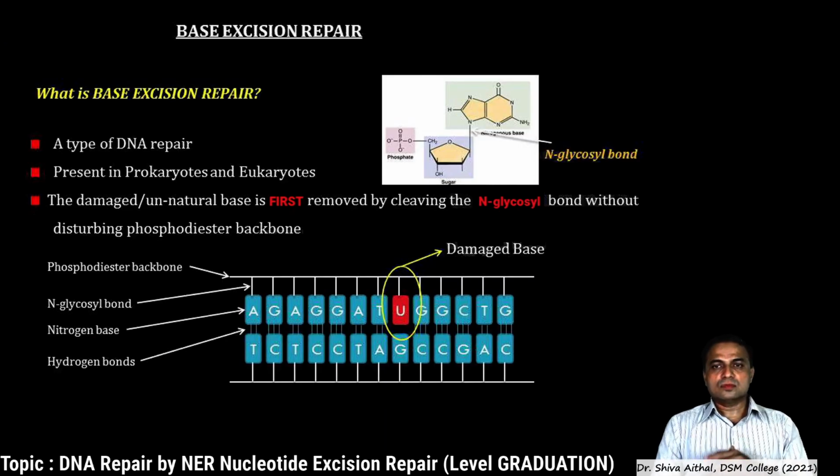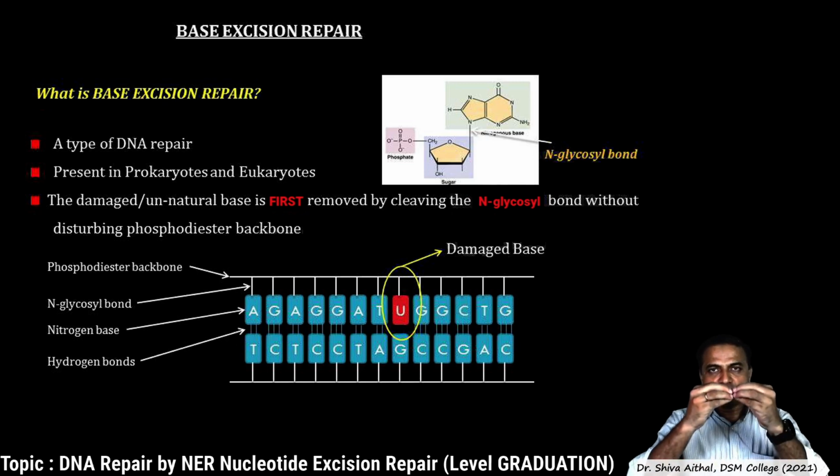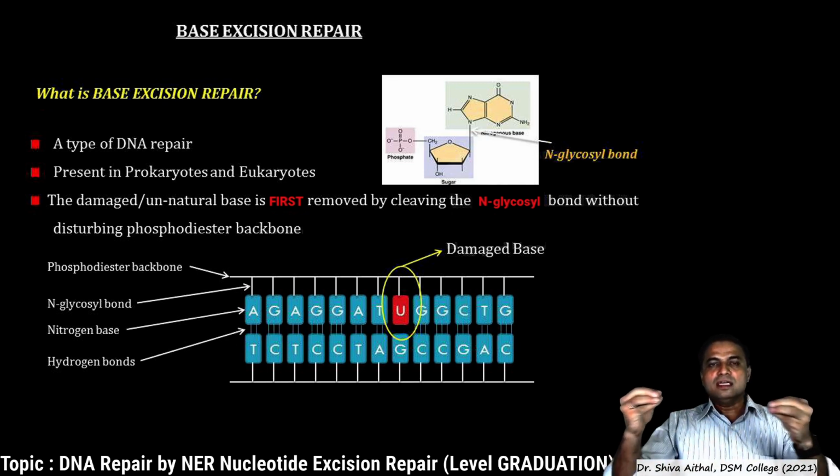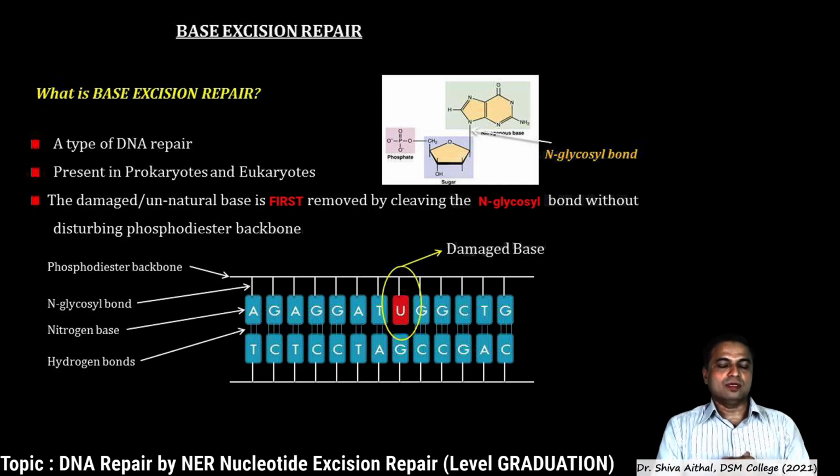So come join me to understand what base excision repair is. This is a type of DNA repair where the phosphodiester bond, that is the backbone, is intact and only the base is removed. The base is removed by a mechanism called pinch, push and pull, and it removes only one single base. It is present in prokaryotes and eukaryotes.